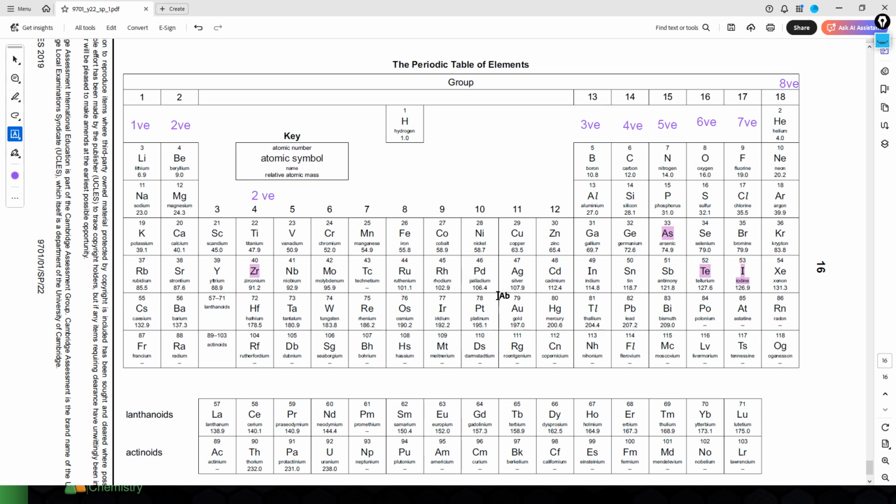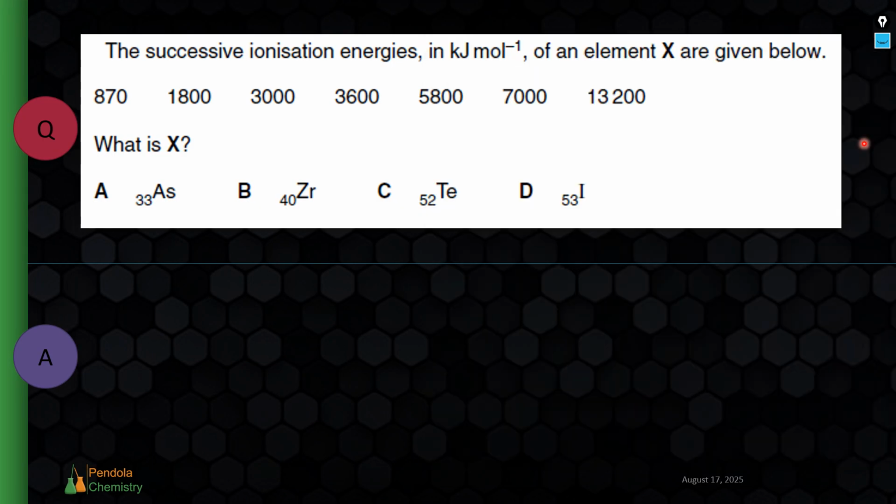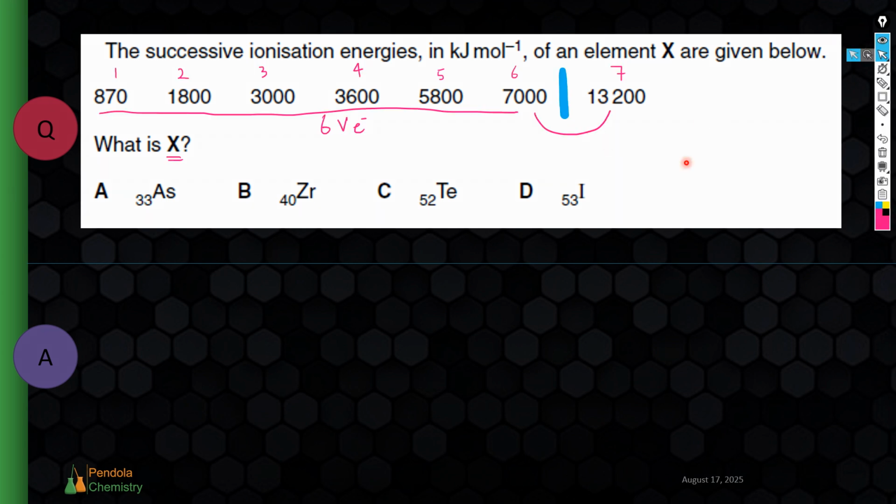So it's 2, 5, 6, and 7. Going back, for Cr it's only 2 valence electrons. For As, it's 5. For Te, 6. And for I, it's 7.